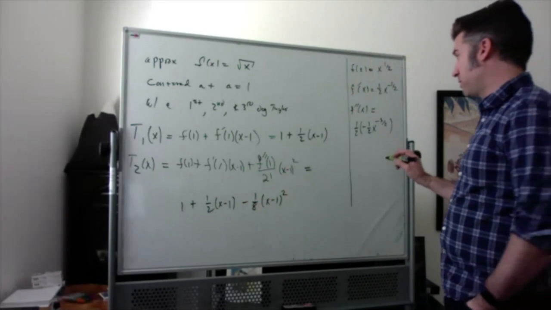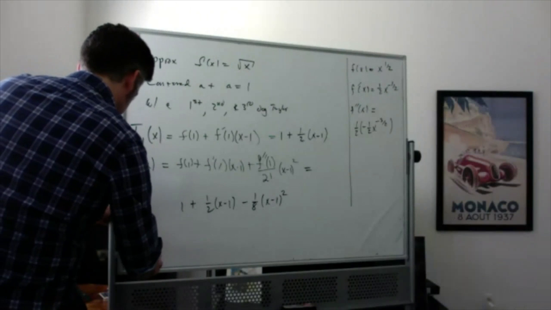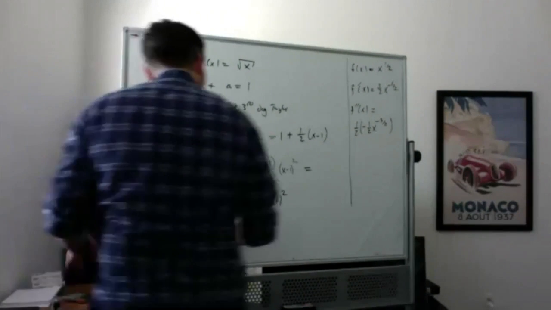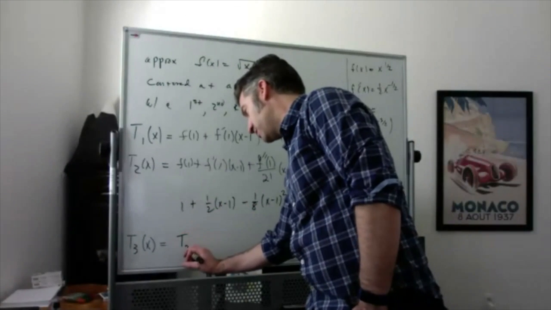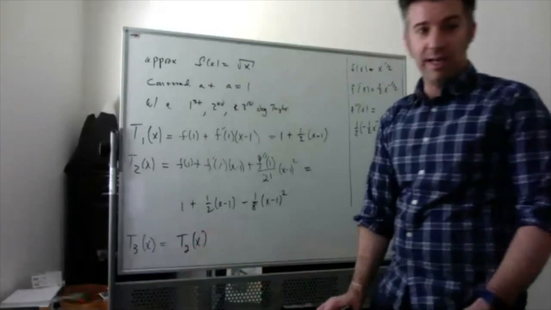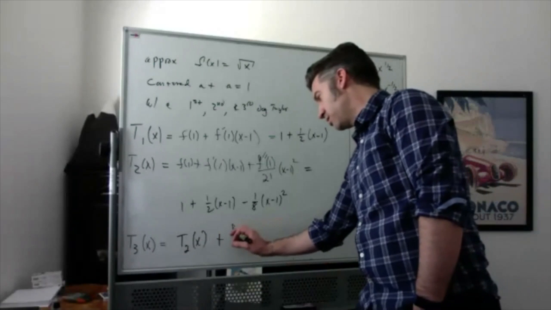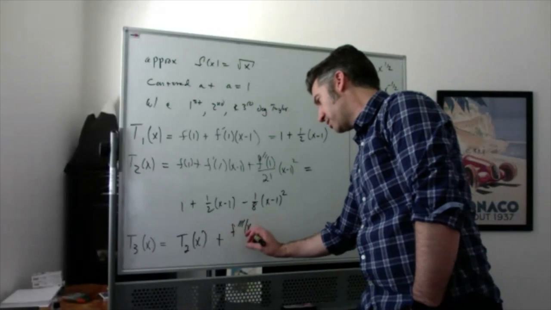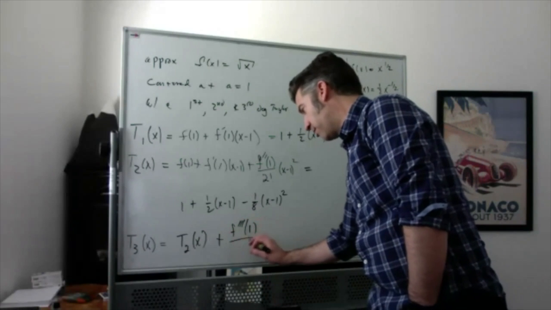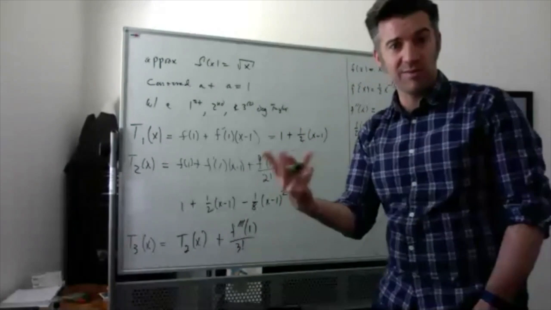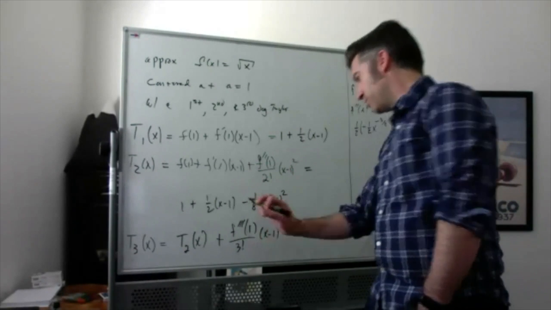And then for our third degree Taylor polynomial, the third degree one is going to be all of this, the second degree plus whatever that last term is, which is going to be f triple prime of 1 divided by 3 factorial, which is 3 times 2 times 1, which is 6, times x minus 1 cubed.